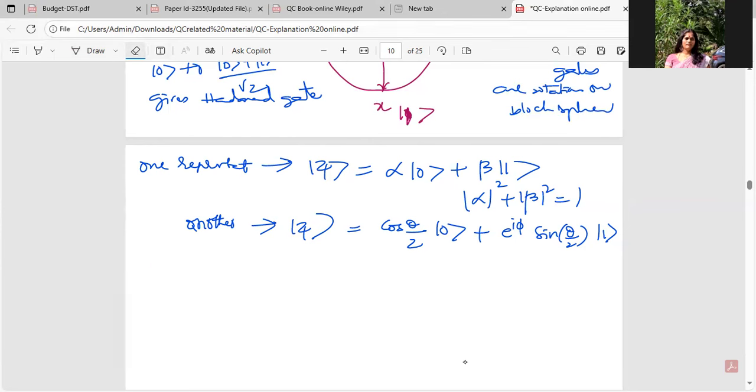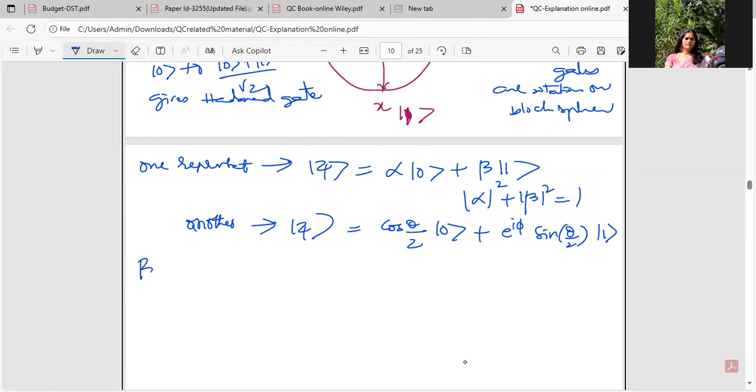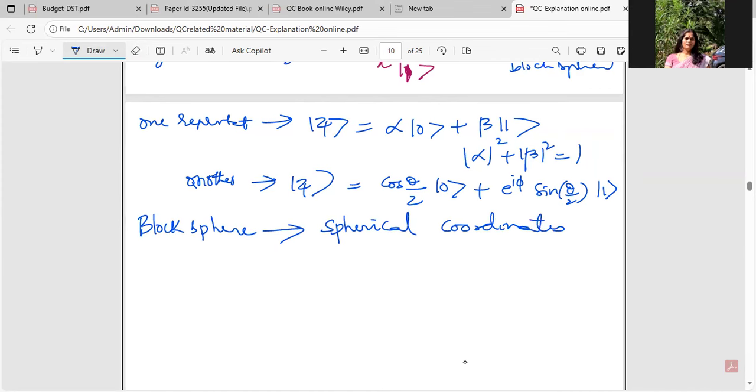What I will do is, first, I'm talking about the Bloch sphere, right? I'm considering, so I'll be using spherical coordinates. What are the coefficients of spherical coordinates?